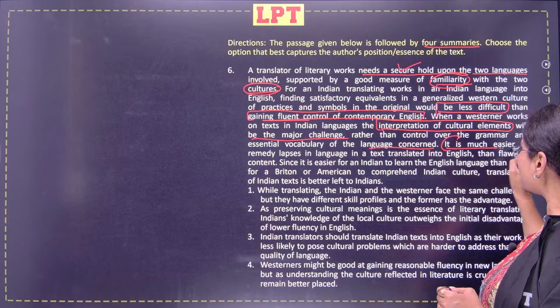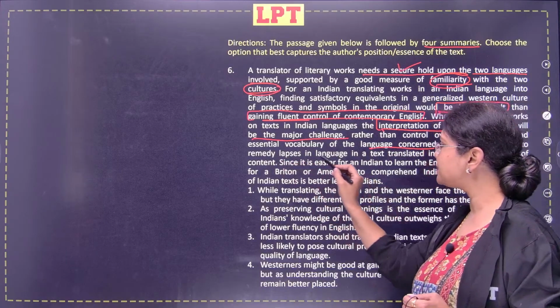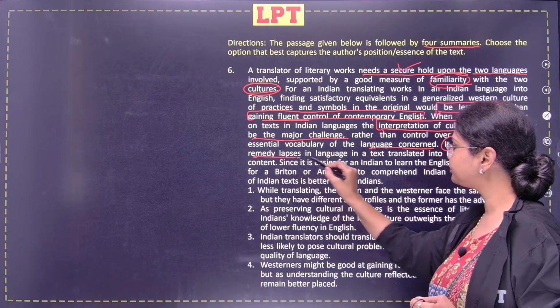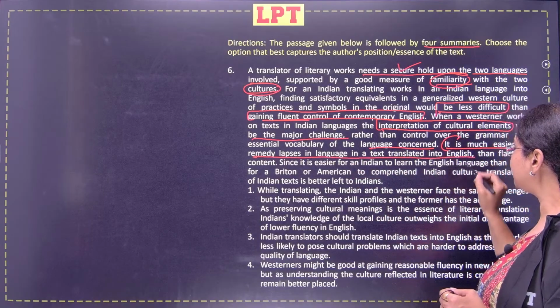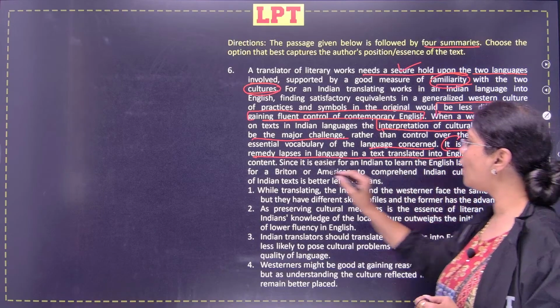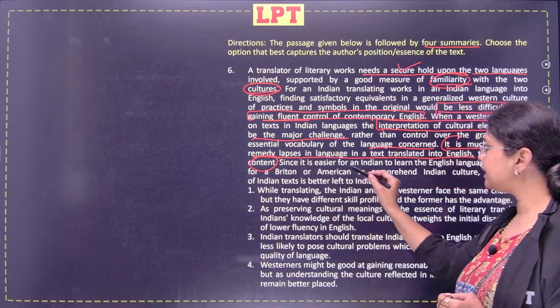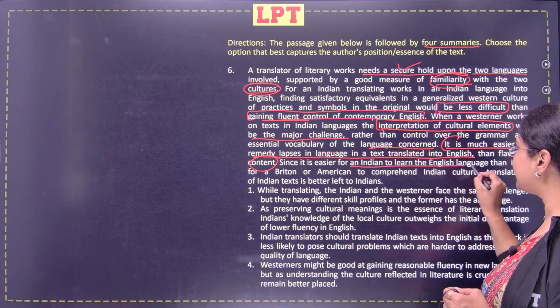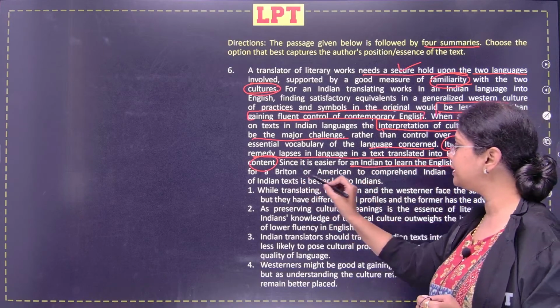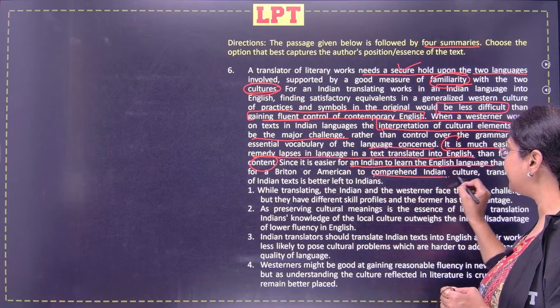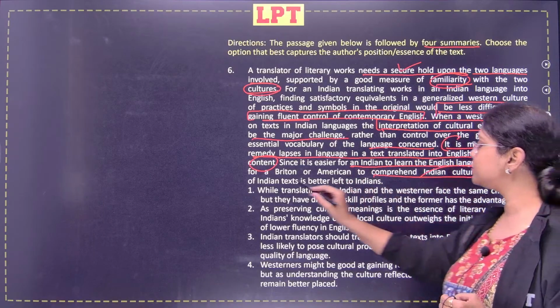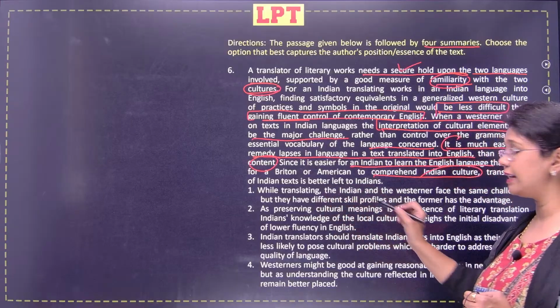It is much easier to remedy lapses in language in a text translated into English than flaws of content. Since it is easier for an Indian to learn the English language than it is for a Briton or American to comprehend Indian culture, translations of Indian text is better left to Indians.